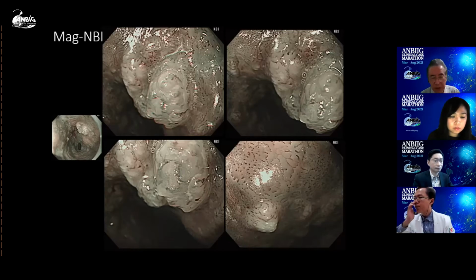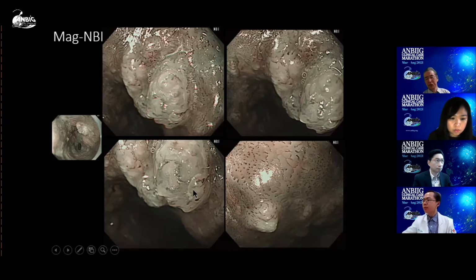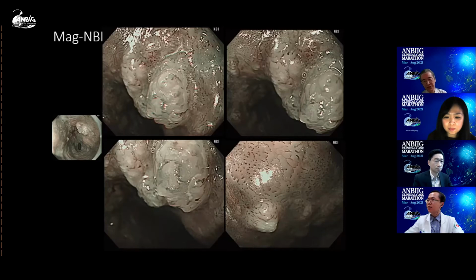So this is in the center of the region. So we can say this is a B3. But always, if a B3 is exposed to the surface, it's easy to say. But in a case like this, it's a little bit complicated. But we can say this is B3. Okay.